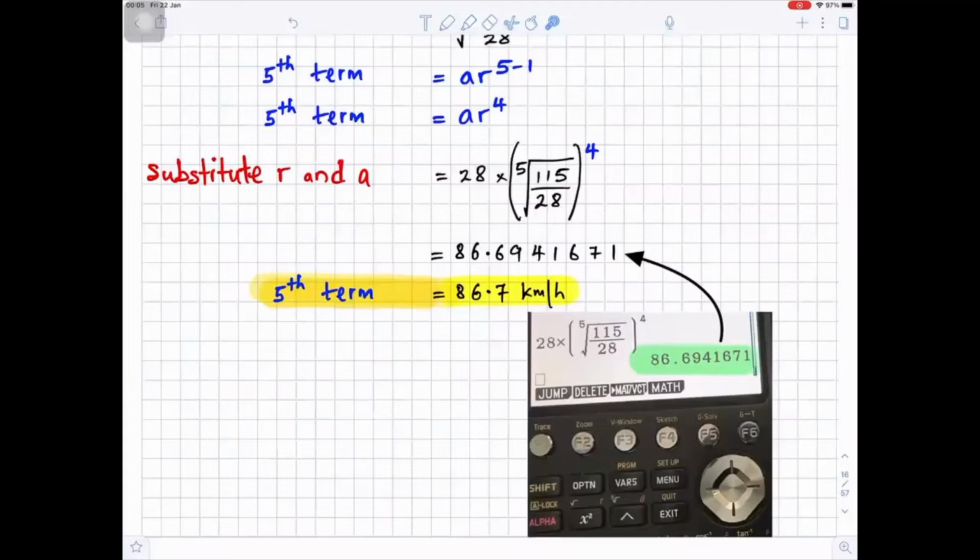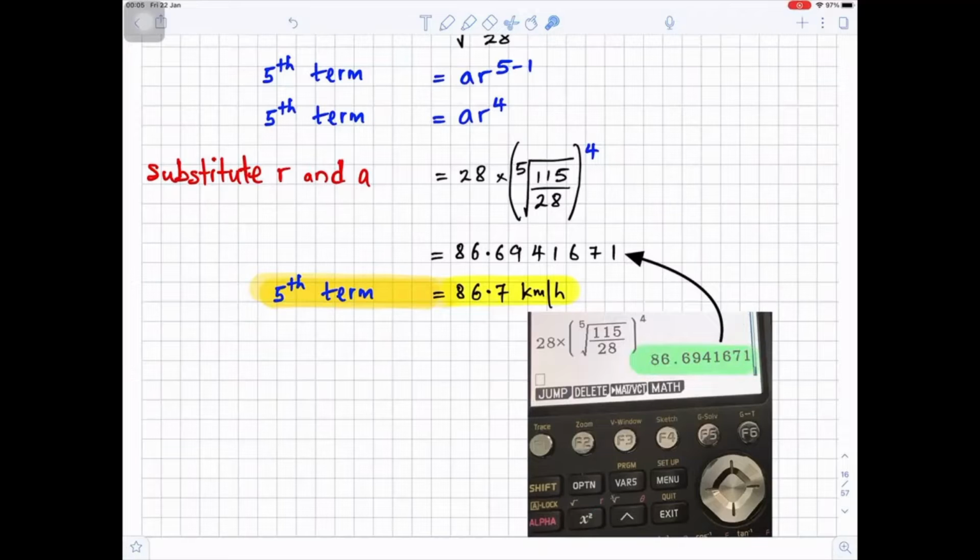So in the Casio calculator, you will put 28, you will put the bracket, and then you will put the fifth root of 115 divided by 28 to the power 4, and that will give you 86.694.